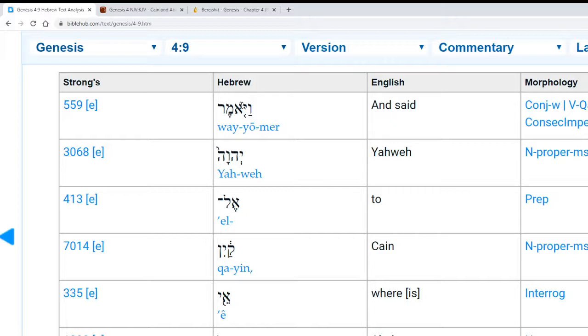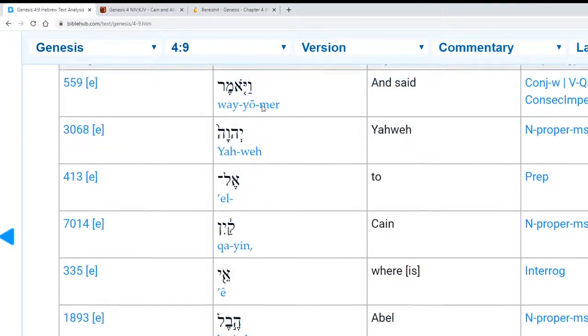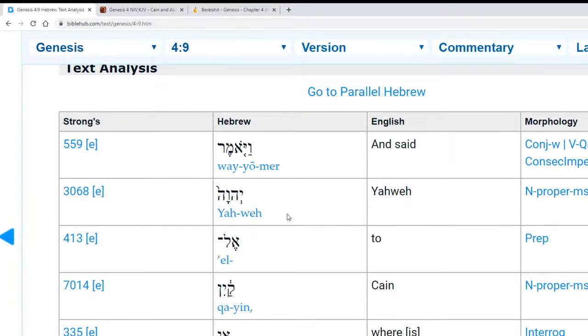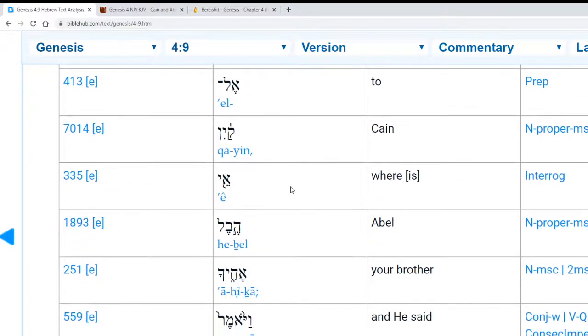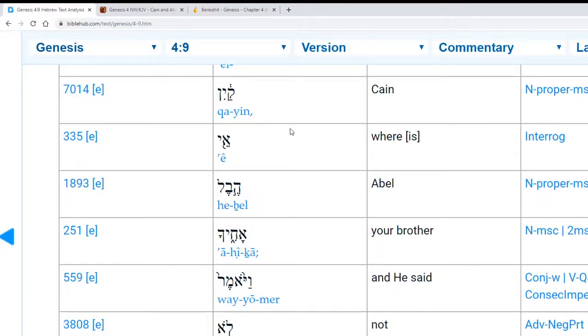Conjunctive vav, yomer, imperfect of amar, to say. Havaya is the Tetragrammaton. El, prepositional with the aleph. Qayin is the name Cain. Ayei hevel, right? So this is an interrogatory word, aleph, yud, ayei, how is it, where is it?